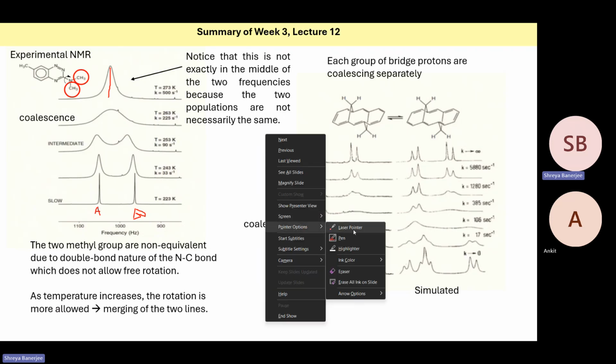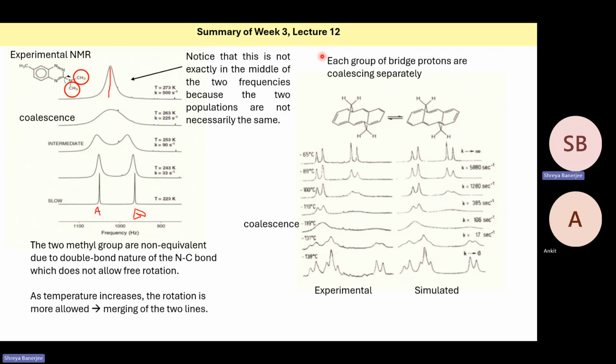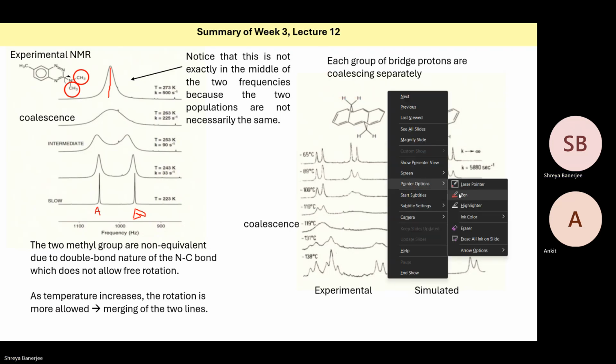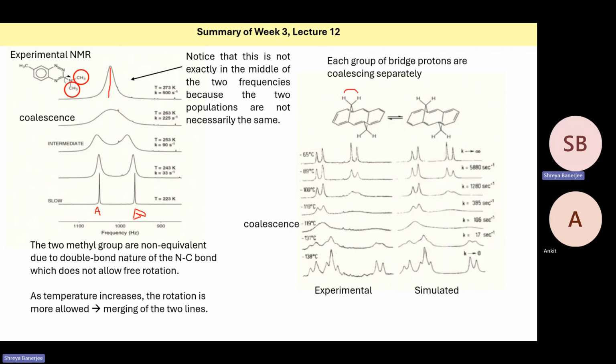Similarly, you can have this kind of system where you have two sets of coalescing protons. So this is one set. These two are exchanging among themselves, and these two are exchanging among themselves.